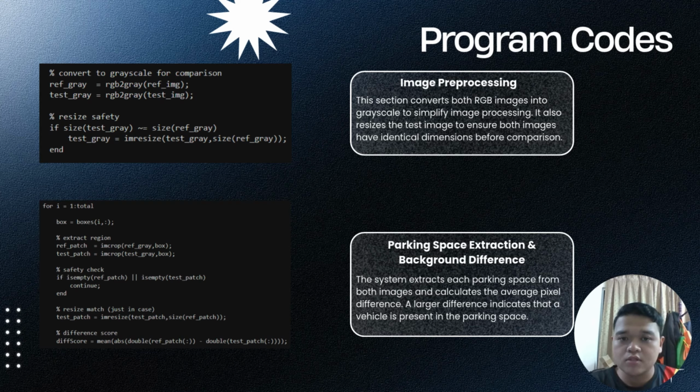It also resizes the test image to ensure both images have identical dimensions before comparison. Next, the parking space extraction and background difference. The system extracts each parking space from both images and calculates the average pixel difference. A larger difference indicates that a vehicle is present in the parking space.